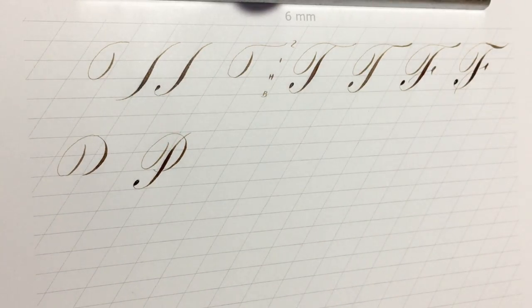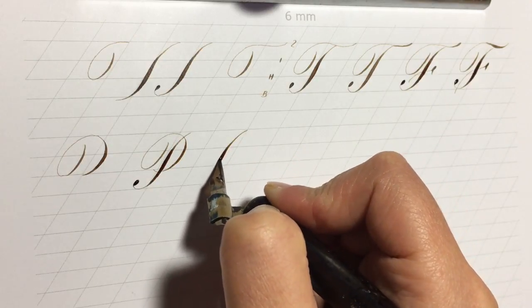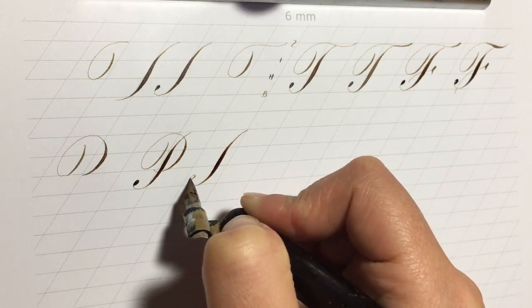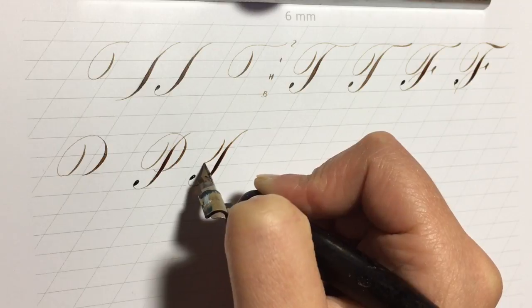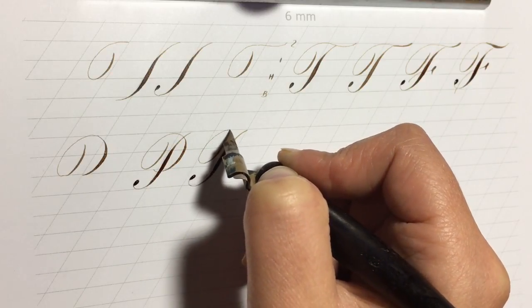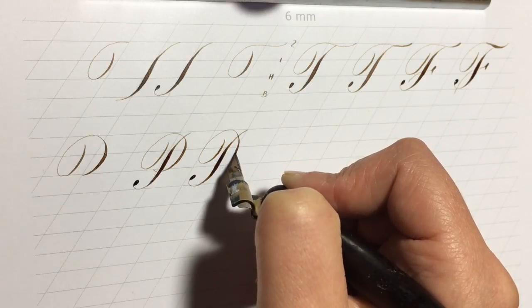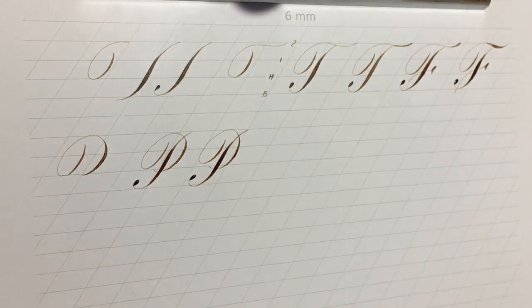Okay, so a couple of things to note. We'll start with this indirect oval, come up. Okay, now at this point I'm coming down and I'm crossing through right here.